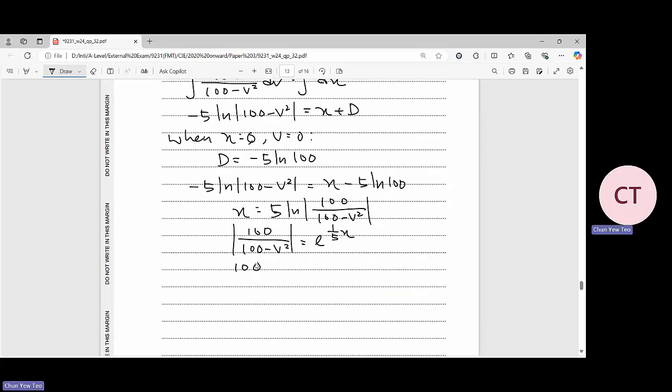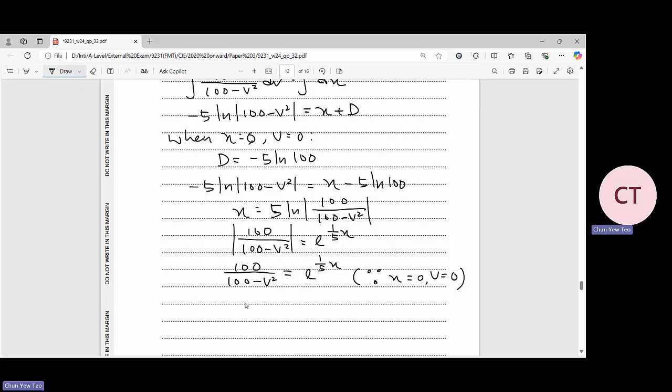Take away the modulus. We need to decide whether this one is plus or minus. Because x equals 0, your v is equal to 0, therefore you need to choose the plus. Okay, it's positive.